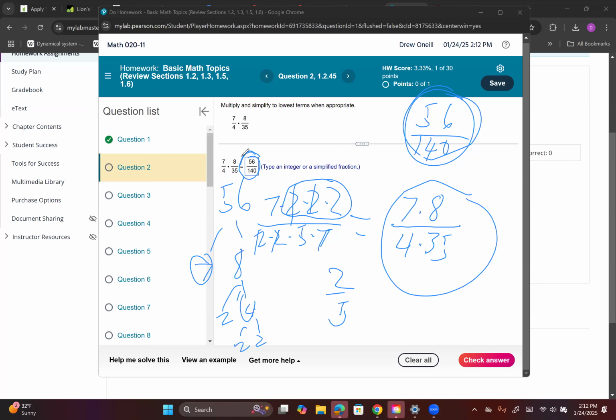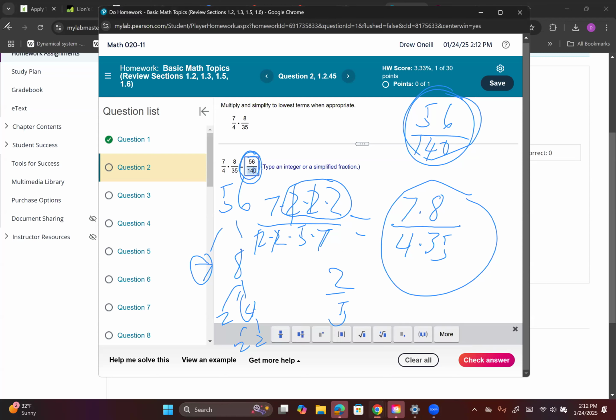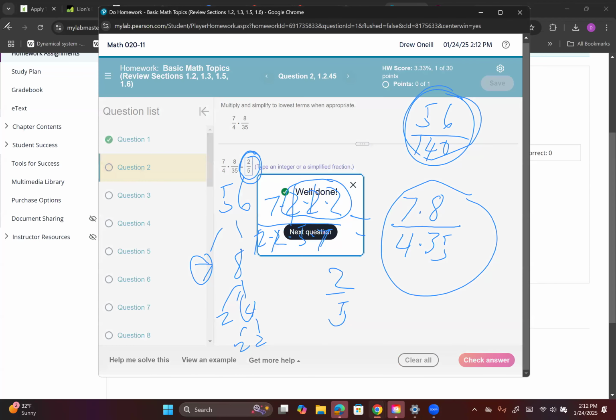So this giant number was much, much smaller. That's all it's telling us. So 2/5. I don't want to put 40% or 0.4 because it says fraction. So we got the answer right.